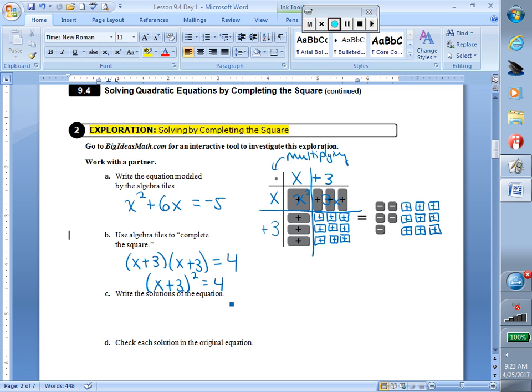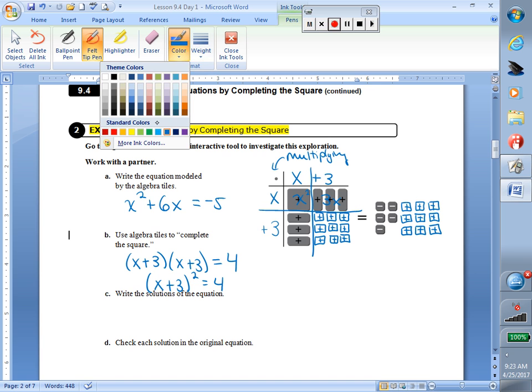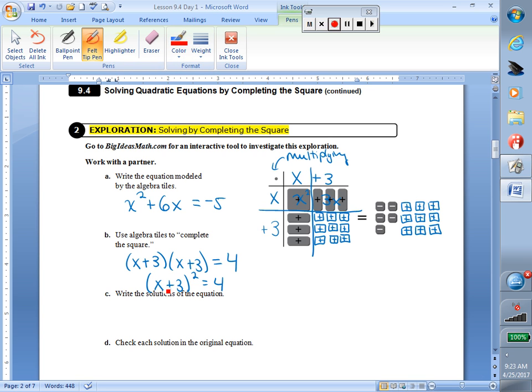Now by making that a square, by completing the square, now I have an equation that looks familiar from section 9.3. Now from here, I only have one x in my equation, and that x is being squared. So now I can take the square root of both sides to solve.